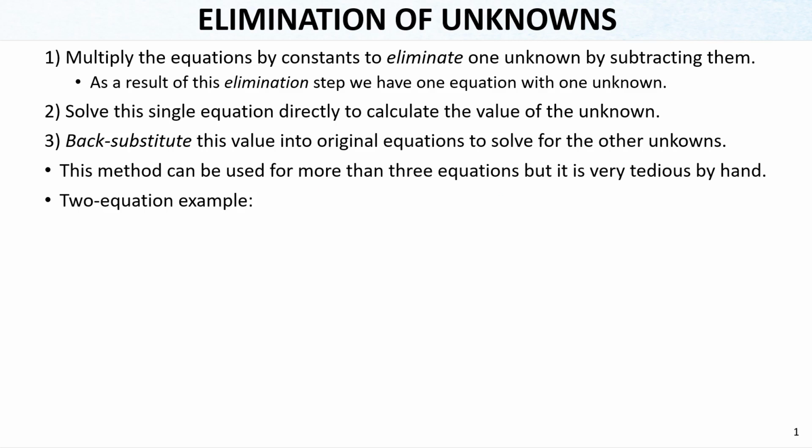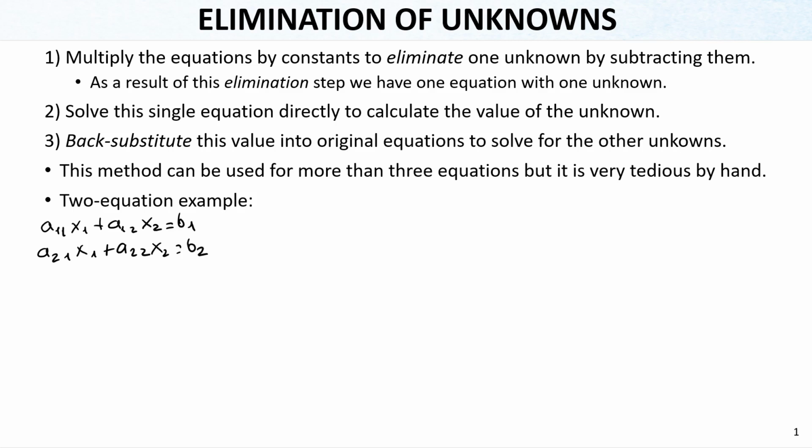So let's check for a 2 equation example. For instance, our equations are, in general terms, a11 x1 plus a12 x2 equals b1, a21 x1 plus a22 x2 equals b2.